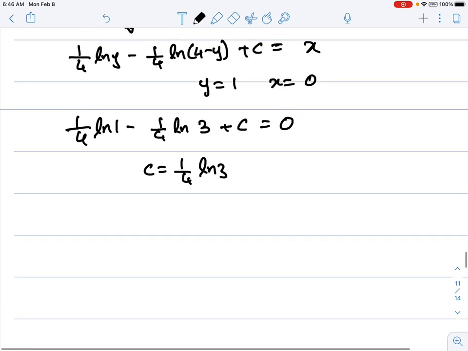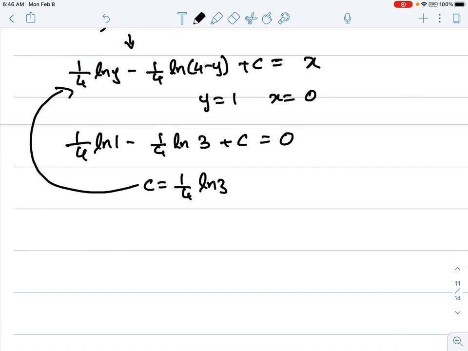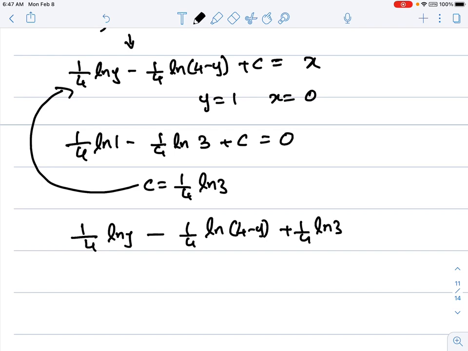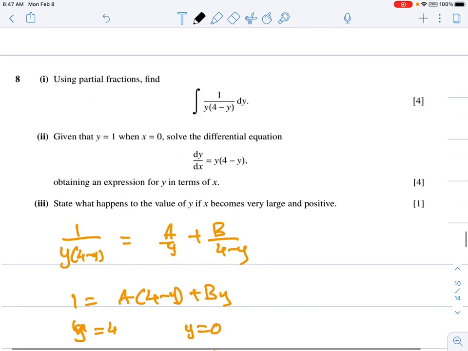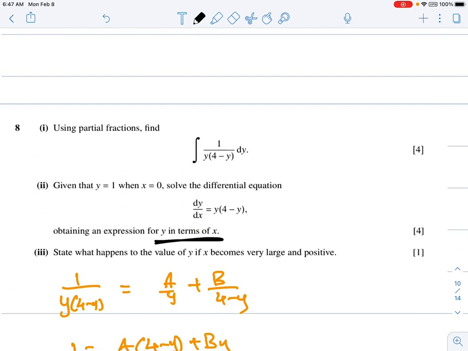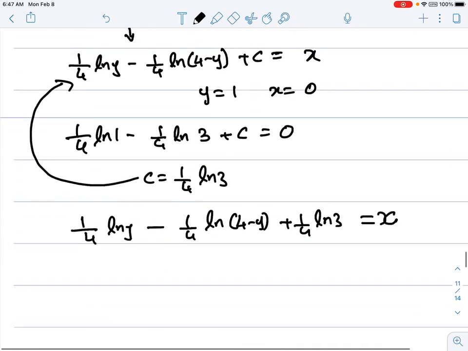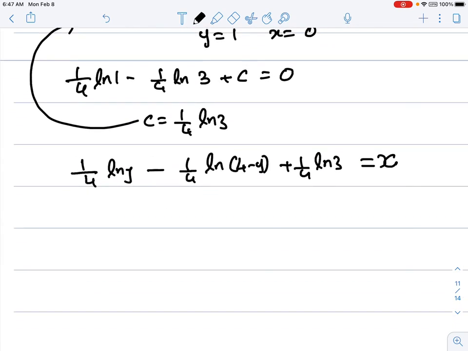So I try to simplify it, go back and substitute this value of c over here. So 1 upon 4 ln y minus 1 upon 4 ln (4 minus y) plus 1 upon 4 ln 3 is equal to x. I got that. Now what is the question being asked? It is being asked to make y in terms of x. So we have to make y the subject.